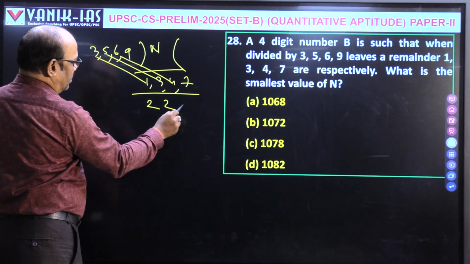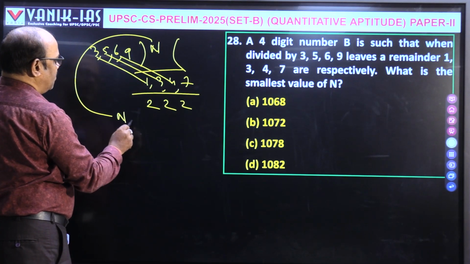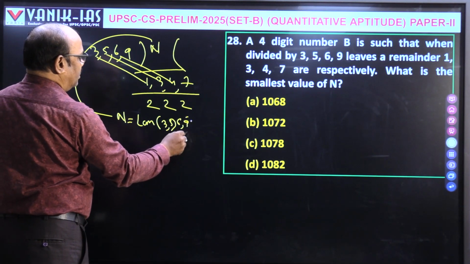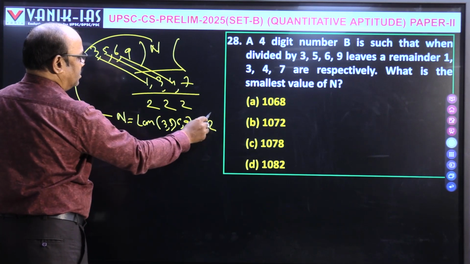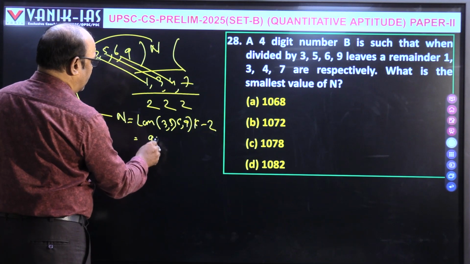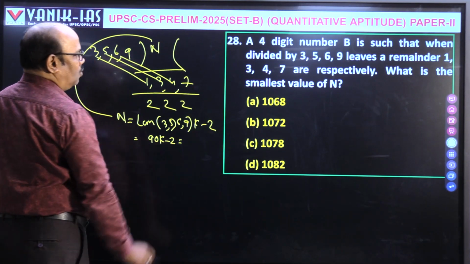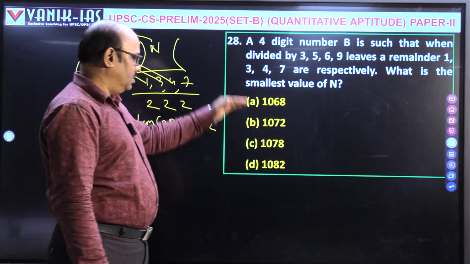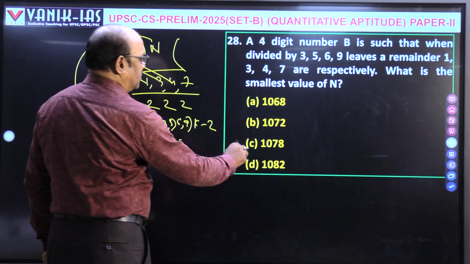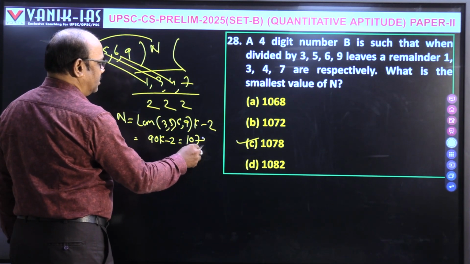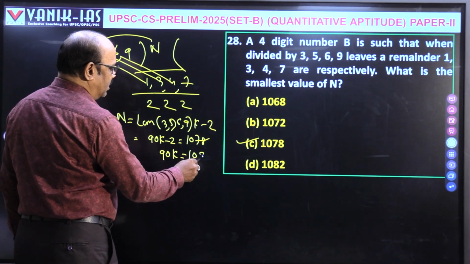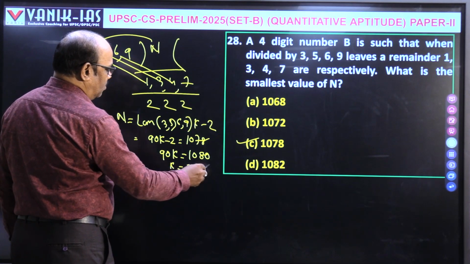Every difference is 2. That's why this number would be LCM of the numbers 3, 5, 6, 9, times K, minus the constant difference. LCM is 90, so 90K minus 2, and this should be a 4-digit number. If we add 2 to the option, it should be divisible by 90. If the option is 1078, then 90K would be 1080, so it is divisible by 90.